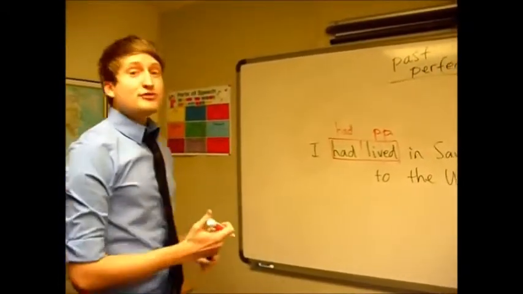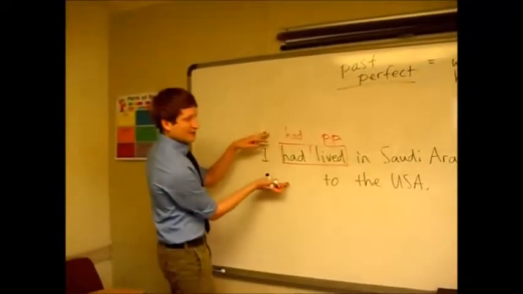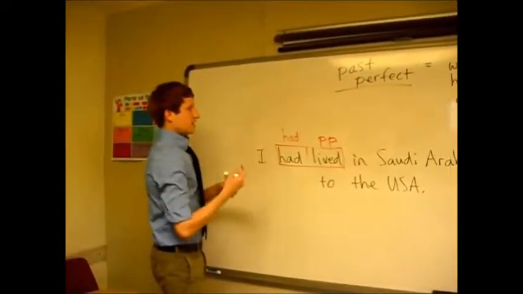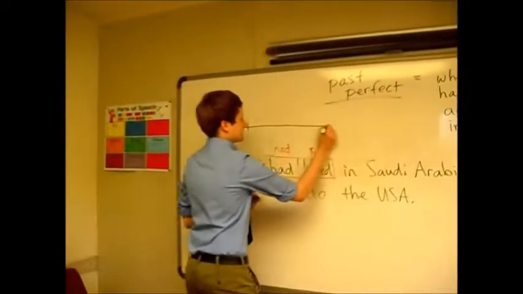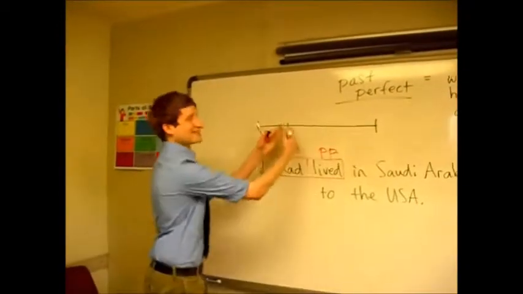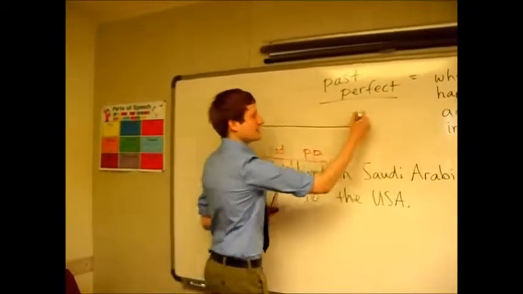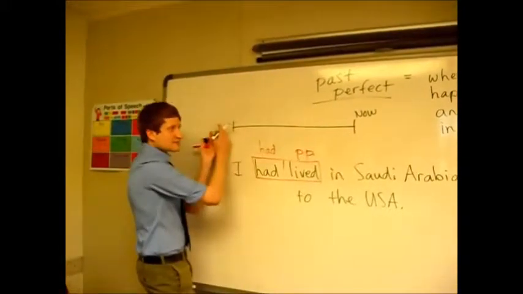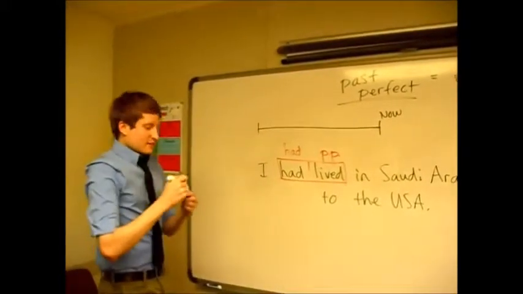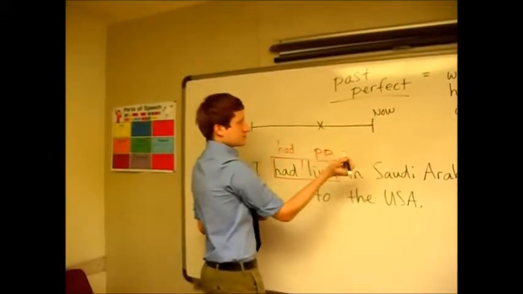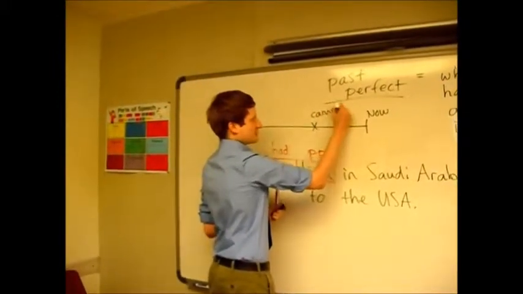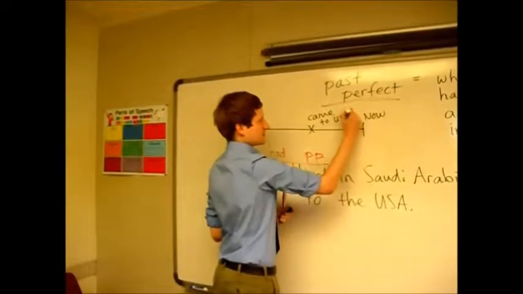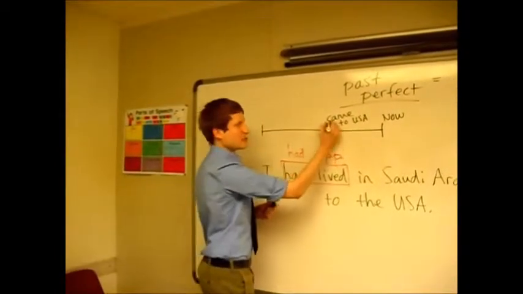If you draw a timeline for this sentence, it might look like this. Here is time. This is now, right now. This is the past, and we have two events in the past. So here's one: came to the USA, simple past.